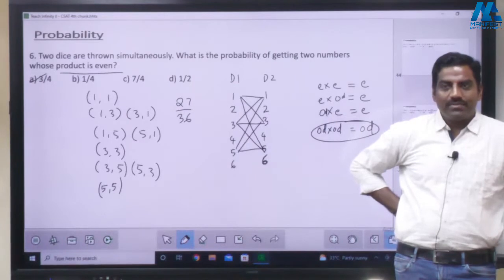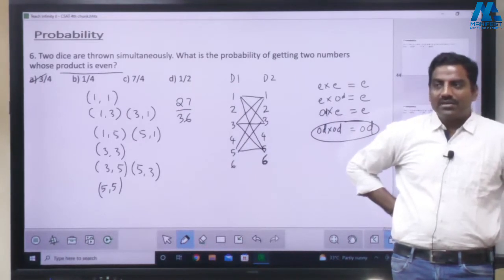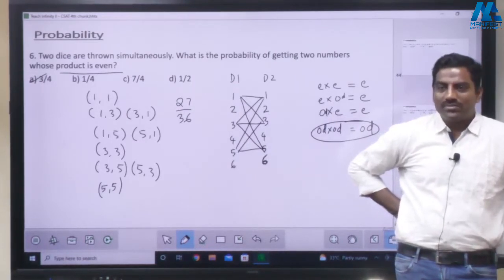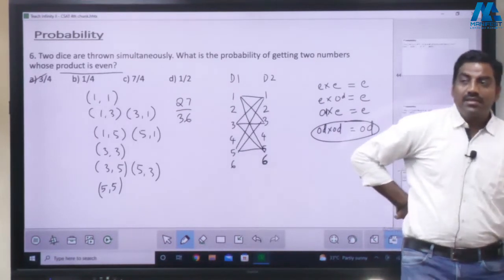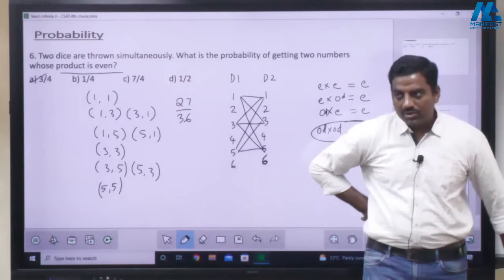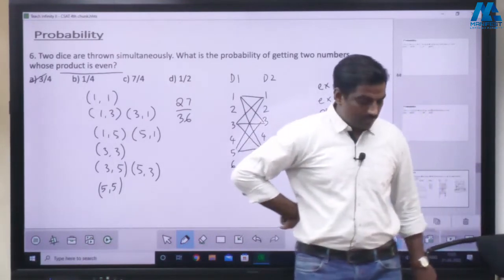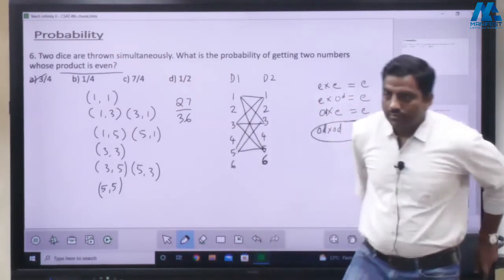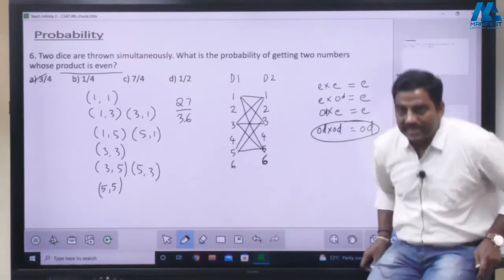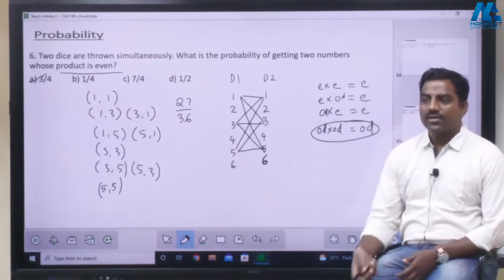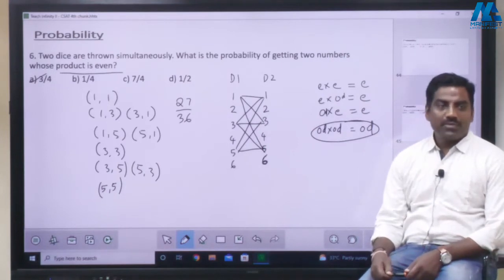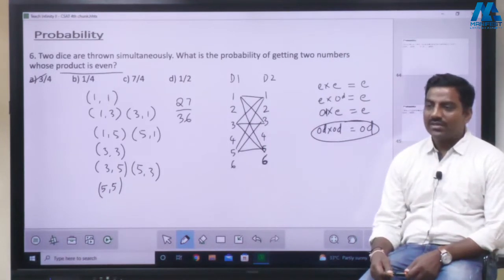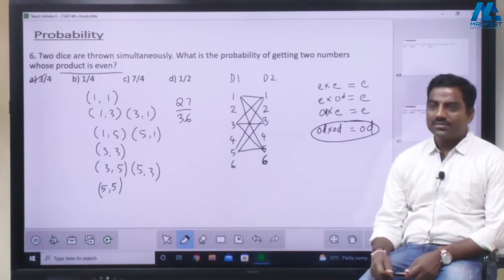If they tell you the difference should be 4 between the 2 dice, what all will you consider? 2, 6 and 6, 2. Then 1, 5 and 5, 1. Any other possibility? No, right?